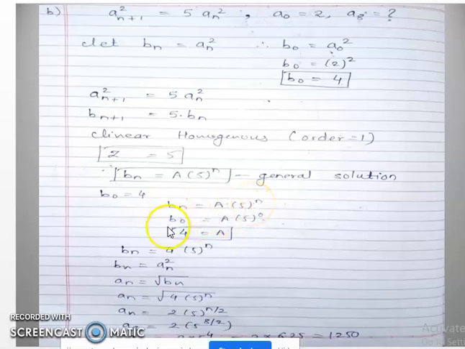Then b0 is equal to a into 5 raised to power 0, answer is 1. That is 1 multiplied by a, answer is a. That is, we get a is equal to 4. Similarly bn is equal to 4 into 5 raised to power n, we can write this equation.